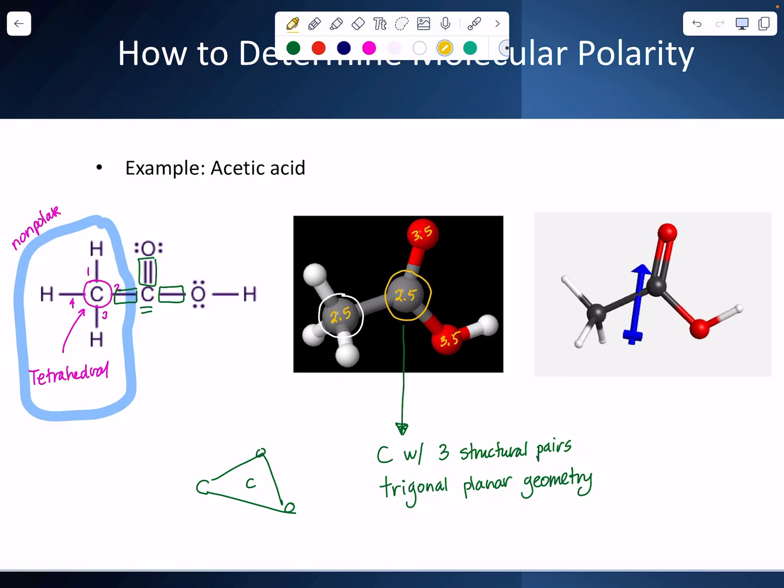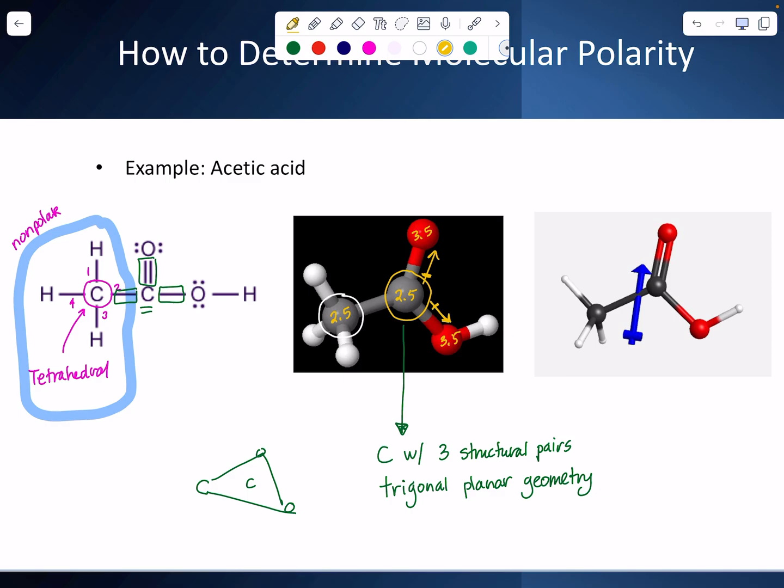One is pointing towards this oxygen, and one is pointing towards that oxygen, and we've got nothing on the other side.